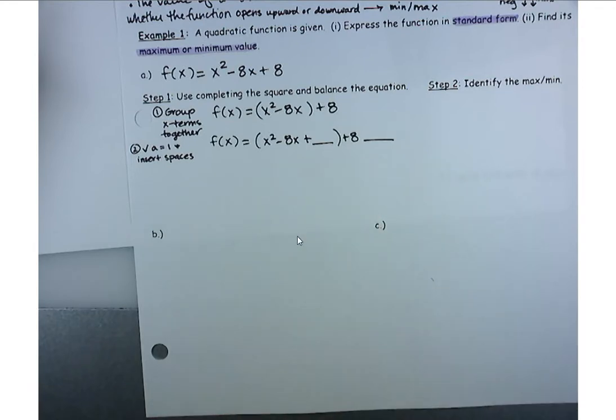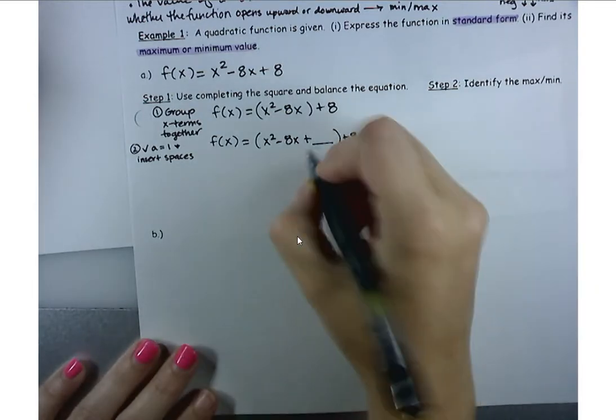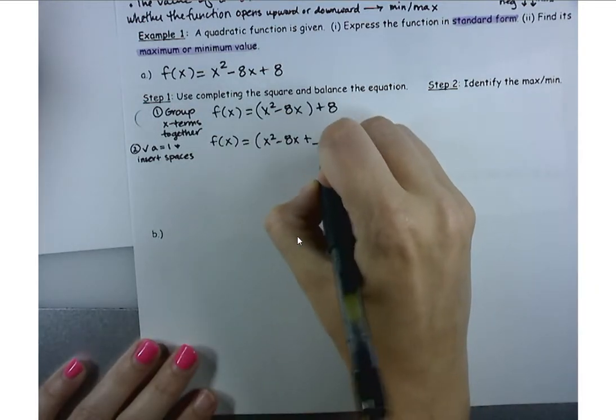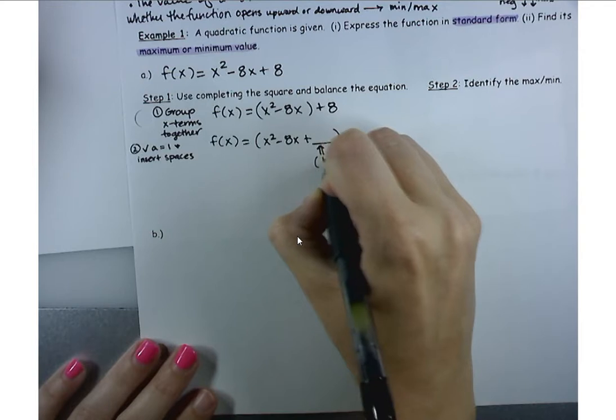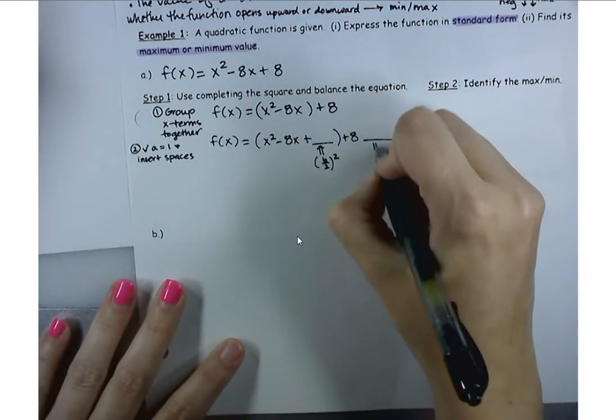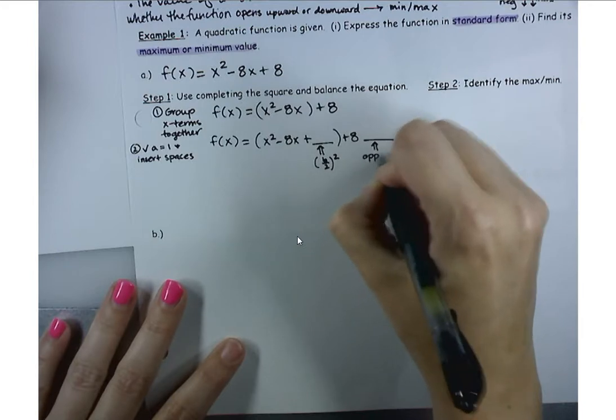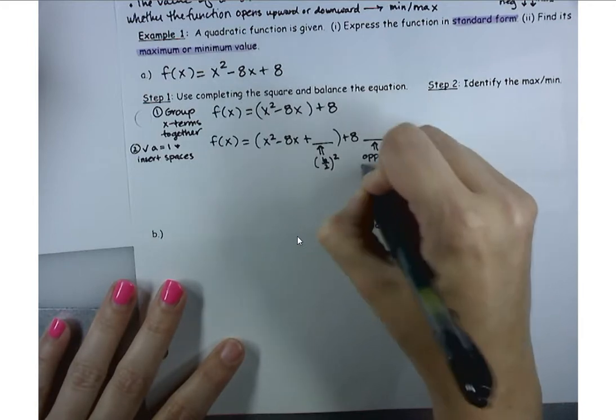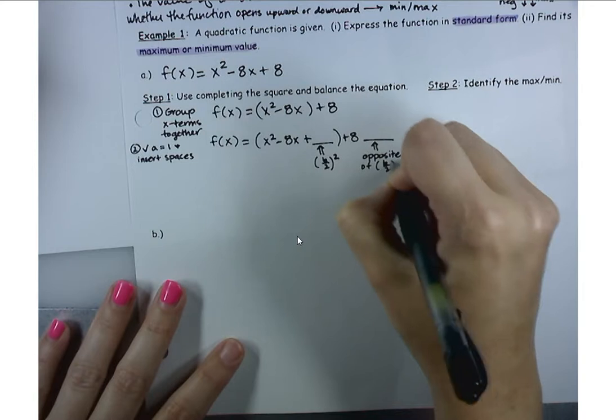So what you're going to do here is put b over 2 squared. Whatever goes here is the opposite of b over 2 squared.